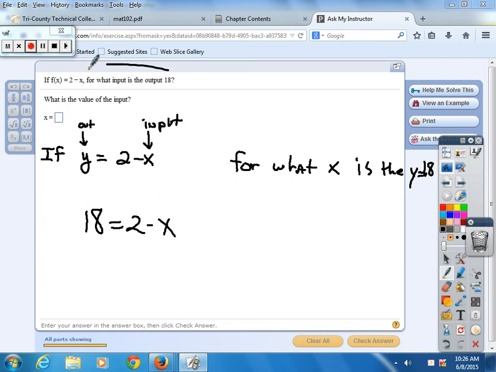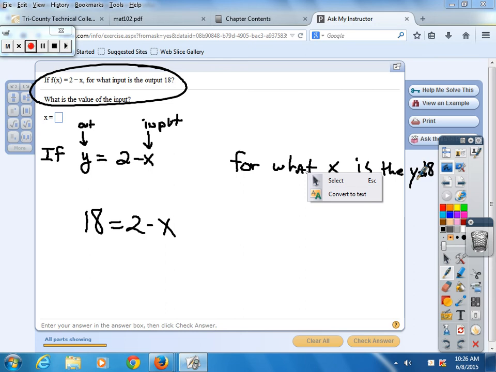But why do people send this question in? Because it's confusing. And all you have to do is translate this into something you understand. And that's what I just did. This says, if y is equal to 2 minus x, for what x is the y equal to 18?